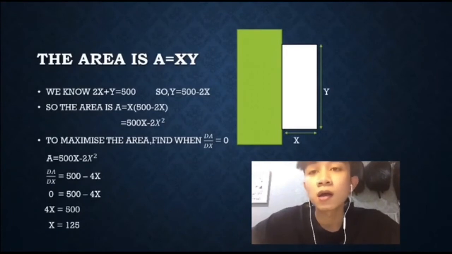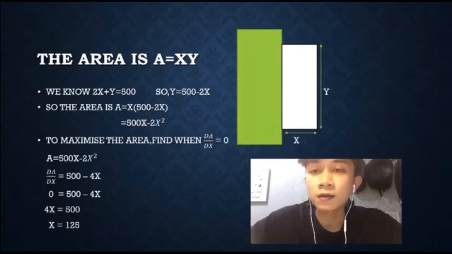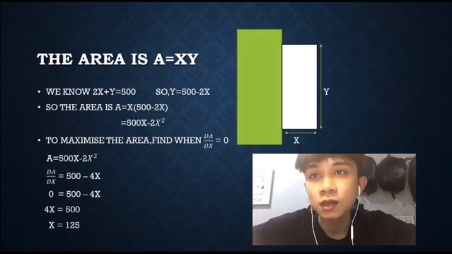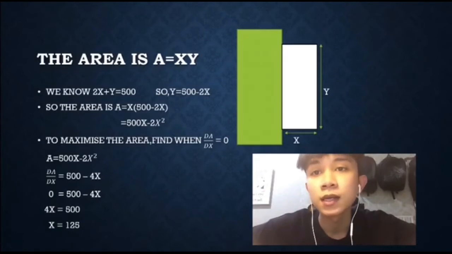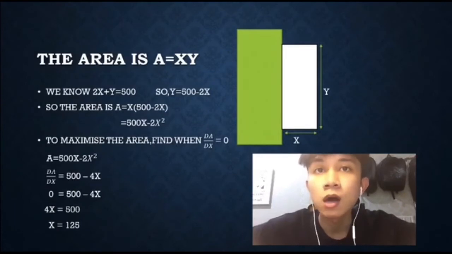So y equals 500 minus 2x. Next, we replace y with 500 minus 2x in the area equation, and we get 500x minus 2x squared. This is the area that can be enclosed with 500 meters of fencing.